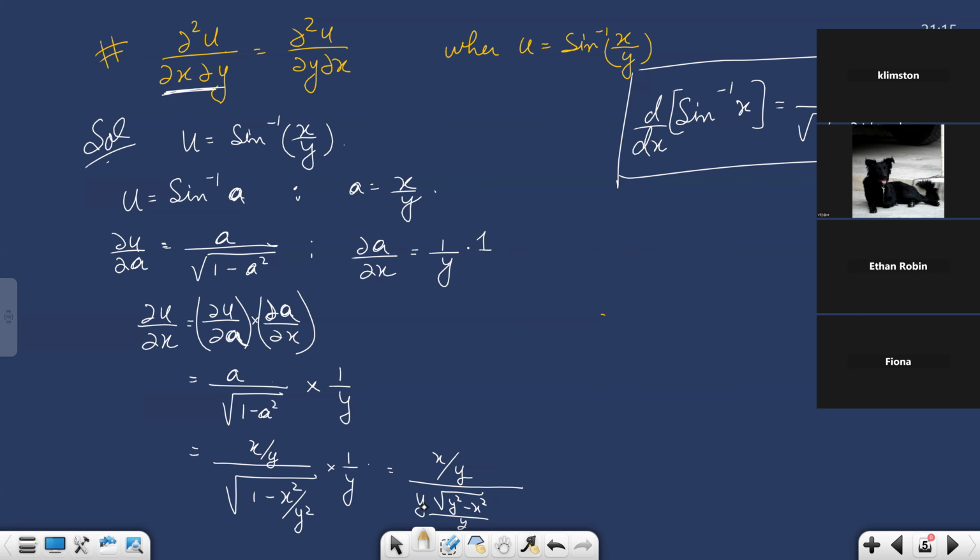So this y and this y will cancel out, and your result is 1 upon under root of y square minus x square.